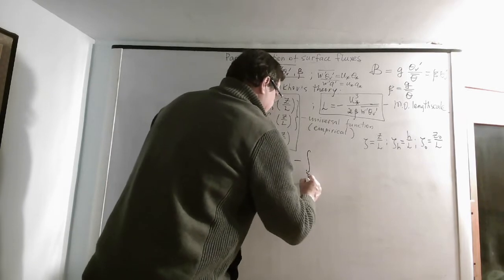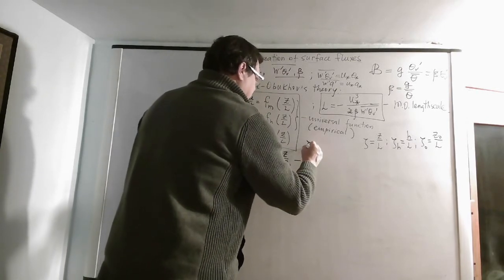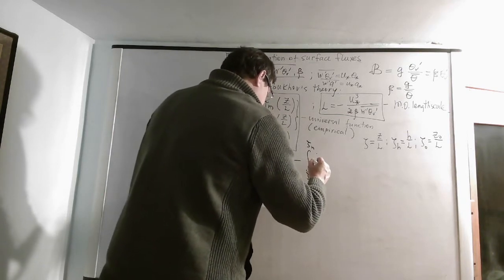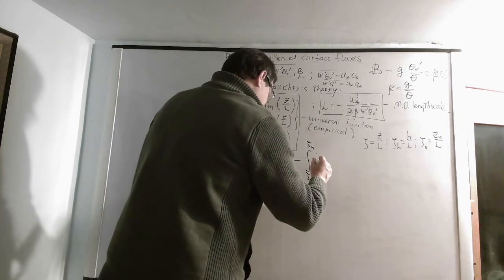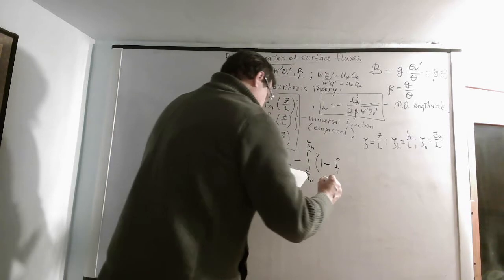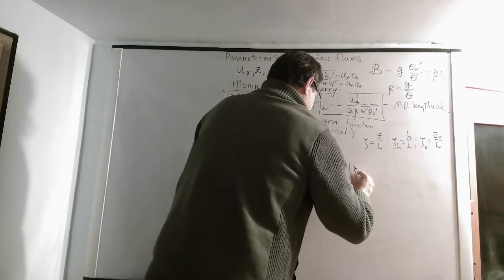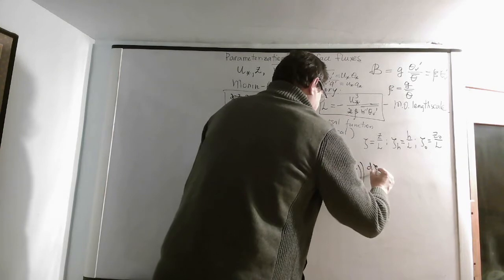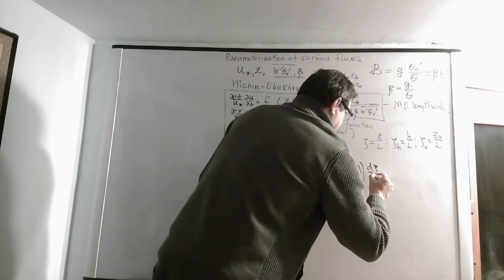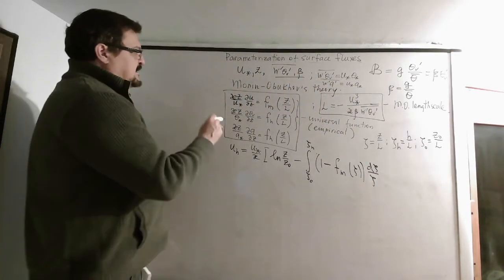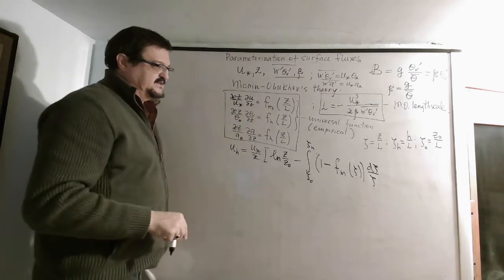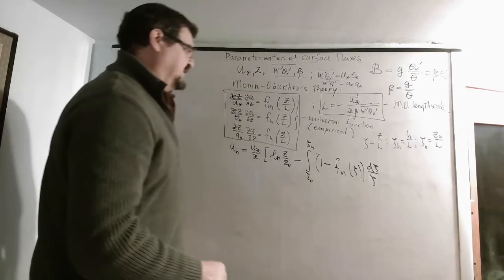So we have some integral from eta 0 to eta h of this one minus f m of eta, and here it's d eta over eta, not c. So we see that because we divide by z here on the right hand side, that's why we have this divided by this guy.